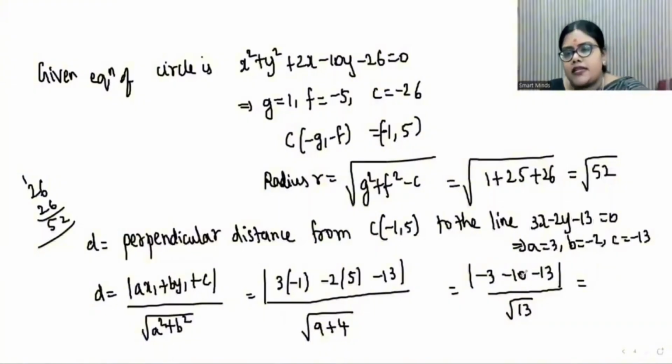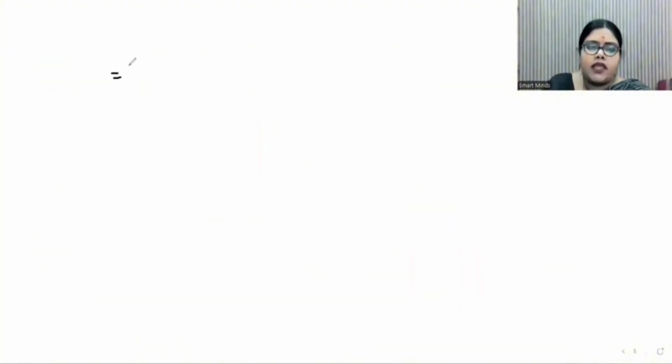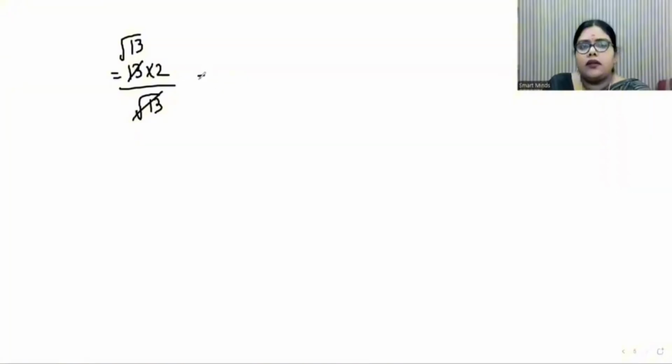Minus 3 minus 10 is minus 13, minus 13 minus 13 is minus 26. So 26 by root 13. 26 we can write as 13 into 2 by root 13. So that is 2 root 13.